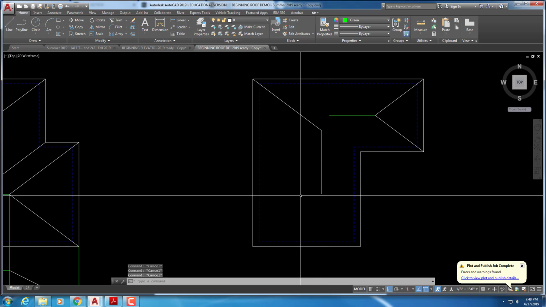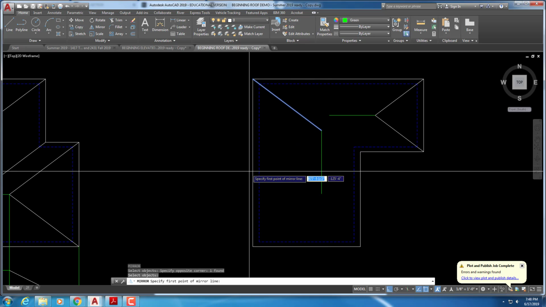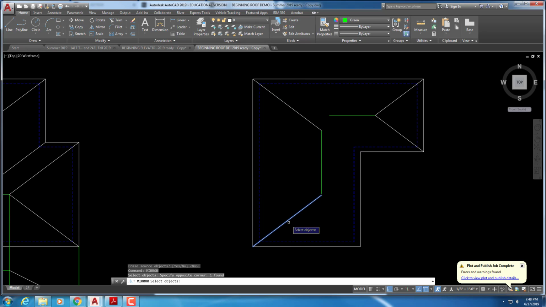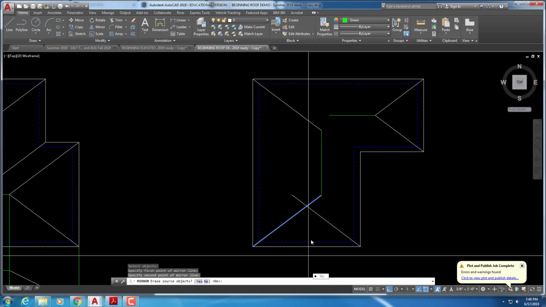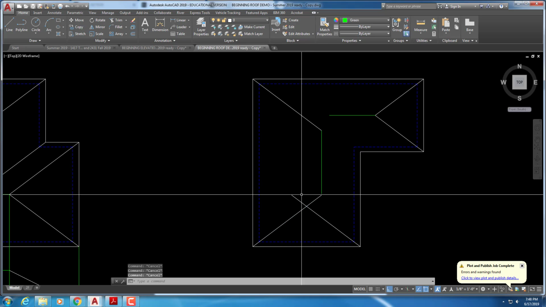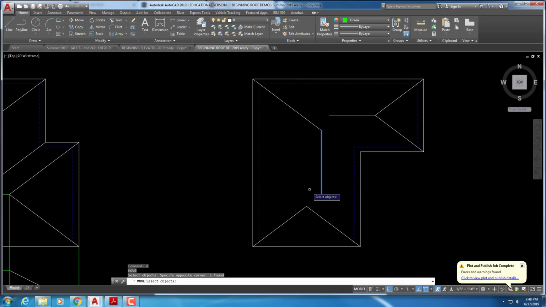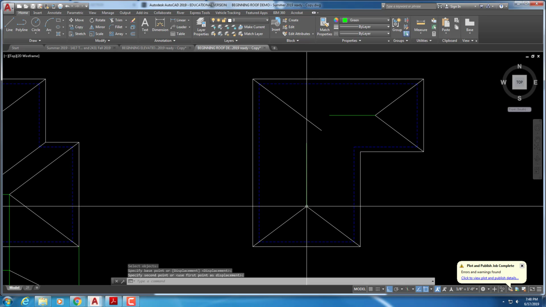That ridge is not in the right place, so let's find out where it goes. So it would be more over here in the center.